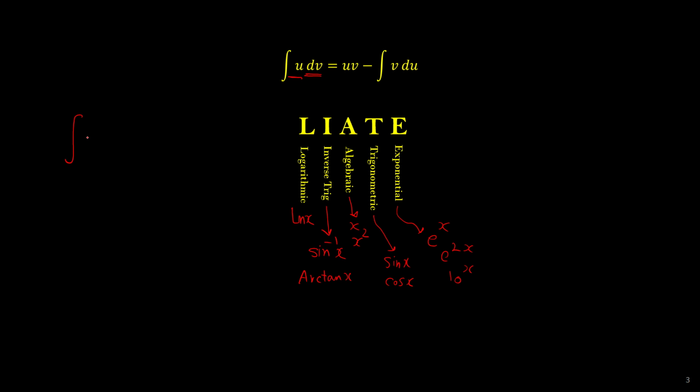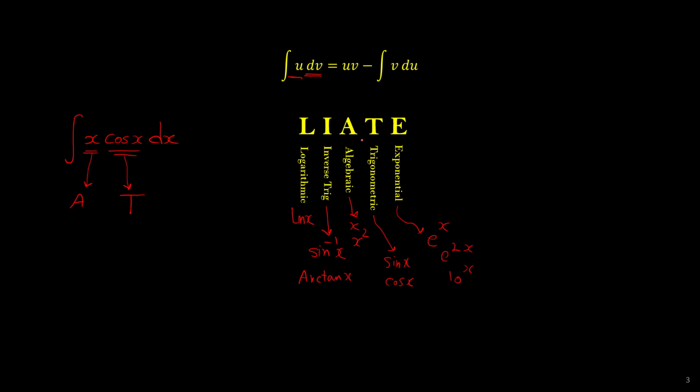Suppose we want to find integral of x times cosine of x dx. In this case, we have x, which is an algebraic function, and we have cosine of x, which is a trigonometric function. Between algebraic and trigonometric function, which one appears first in this list?